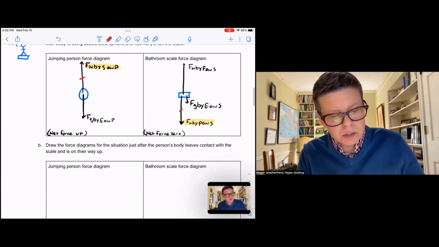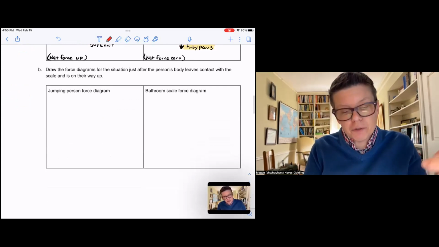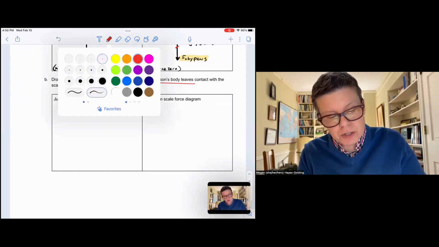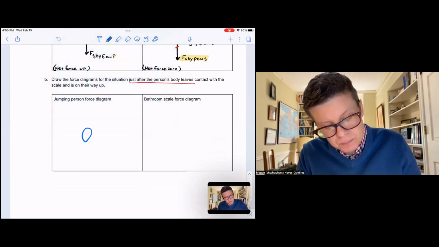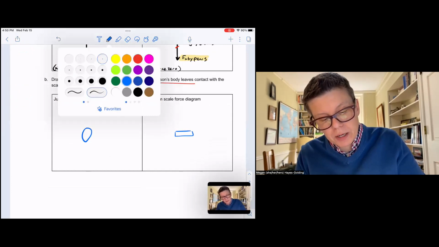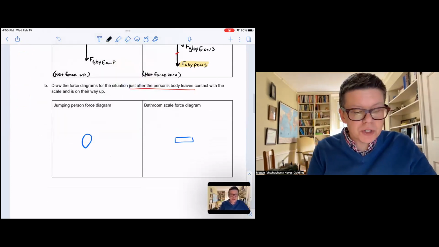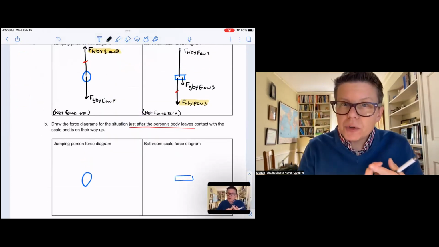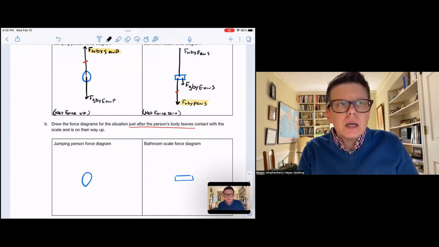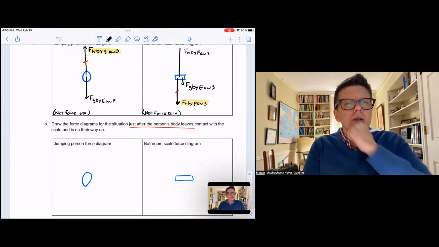Let's move on to just after the person leaves contact with the scale. Person, scale. I would recommend, let's compare this to the previous situation. The person still has the same weight, Fg by Earth on person. And what else is the same here?